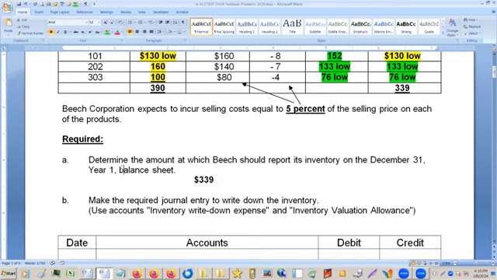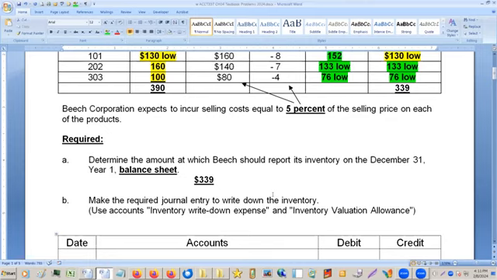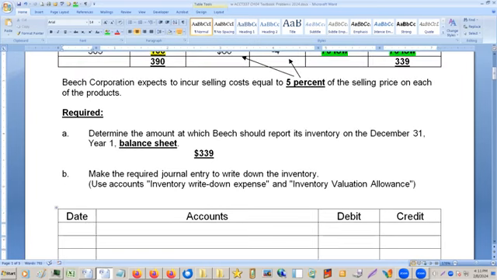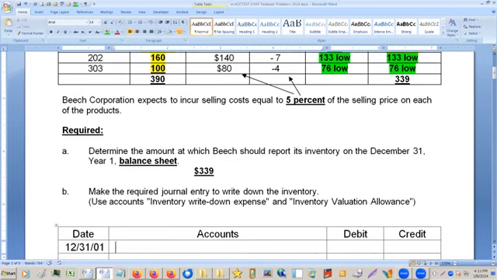Now we're going to have to do a little bit for the income statement. Okay, so this is year one. We'll say 01. That'll be year one. Okay, so the account we're going to use is inventory write-down expense.